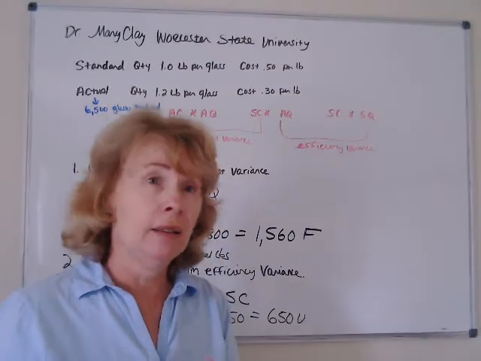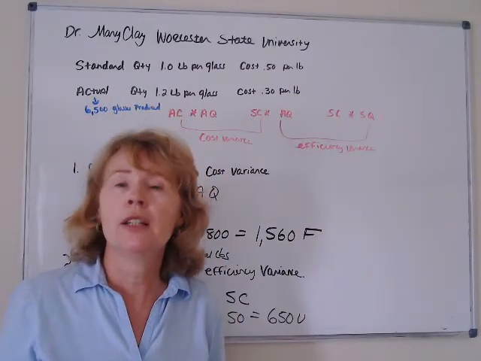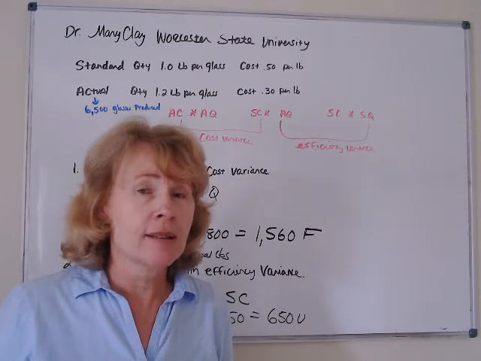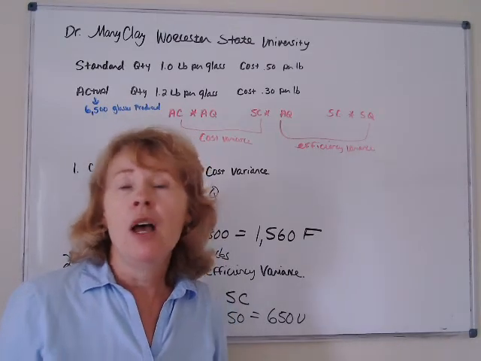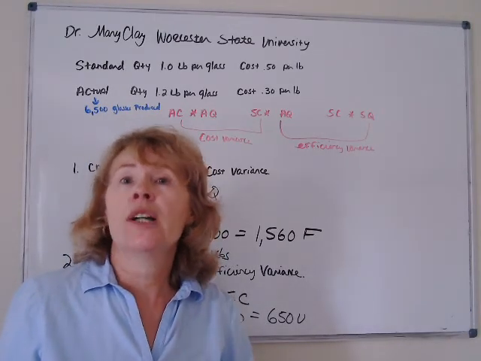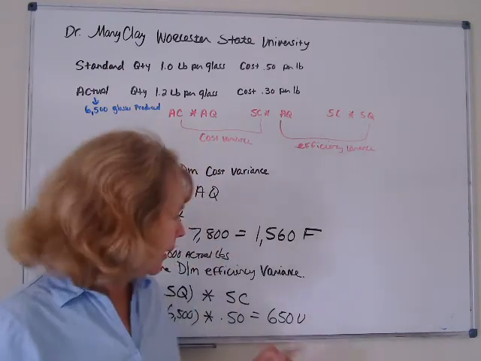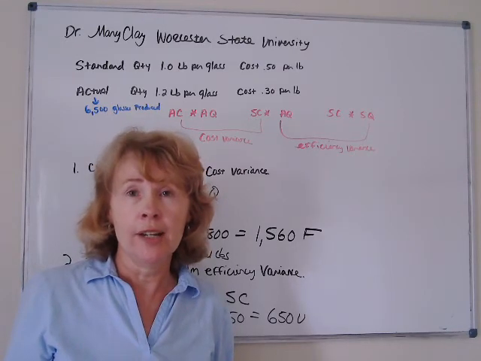It could be the purchasing manager's fault, that the purchasing manager bought cheaper products. When you're buying cheaper products, there are a lot of mistakes, or it's cheap and it keeps breaking down. So just different reasons, and again, that is why management is going to want to investigate that.